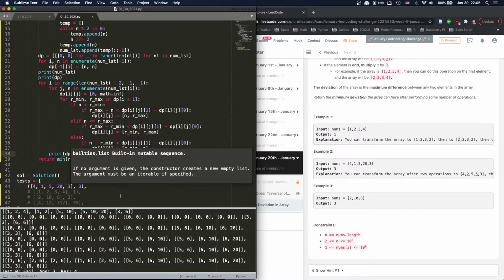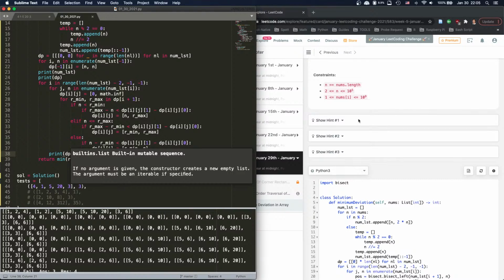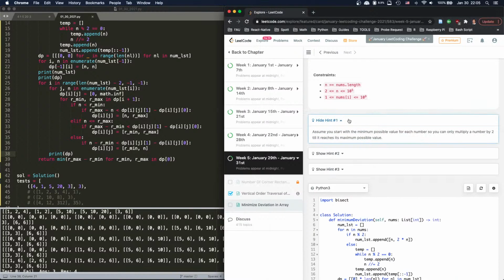I feel like this is another way. Okay, I am going to take the hint. Let's take more values for each number. It's only multiplying with a 2.